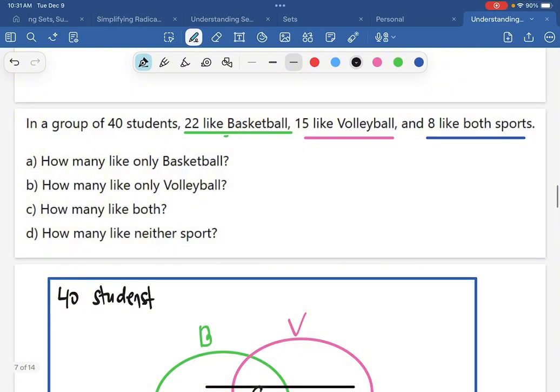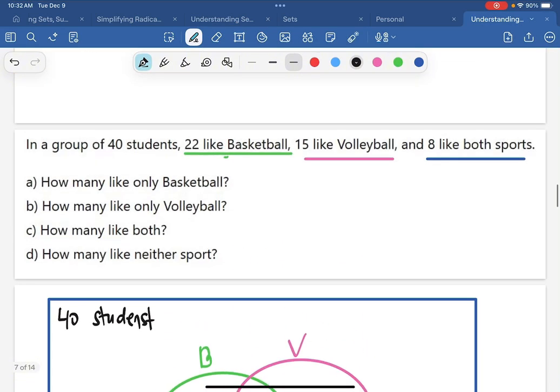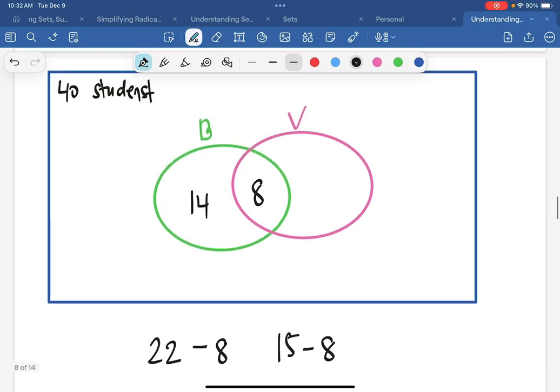Now, there are 22 basketball. Again, all you need to do is the total of the basketball, which is 22 minus the intersection. So 22 minus 8 is 14. Same thing with volleyball. There are 15 volleyball students who like volleyball. So 15 minus 8 is 7.